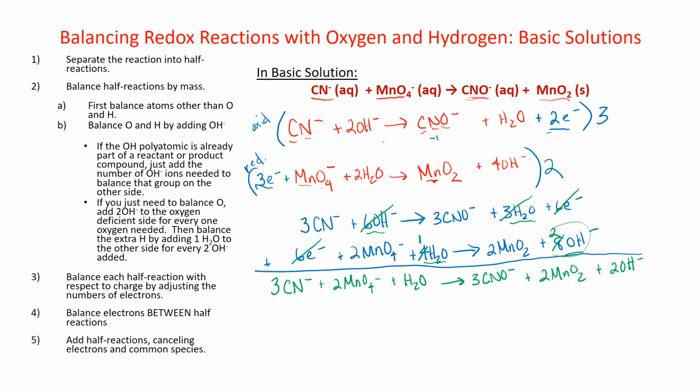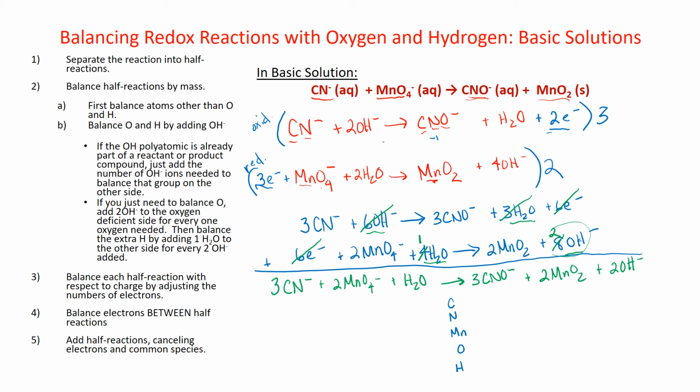So we'll do the mass balance first. And I will do that underneath. So I've got carbon, nitrogen, manganese, oxygen, and hydrogen. Okay, so this is a little bit more complicated here. We've got a lot of different elements.